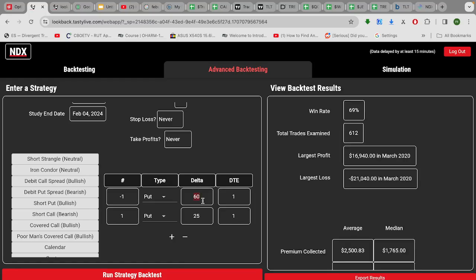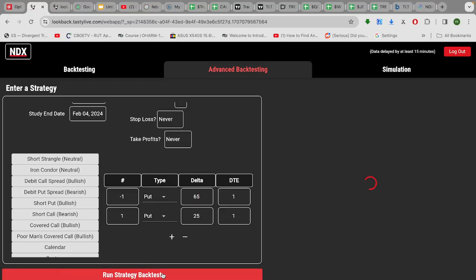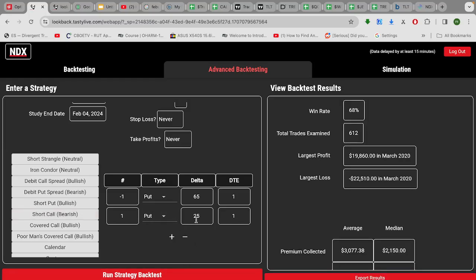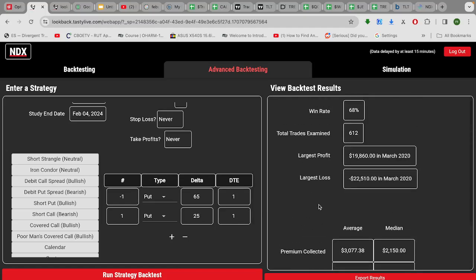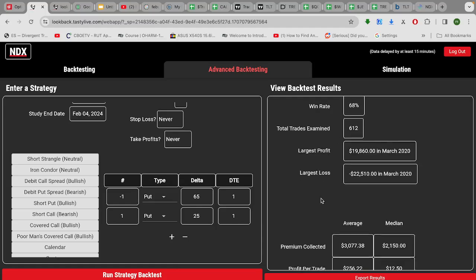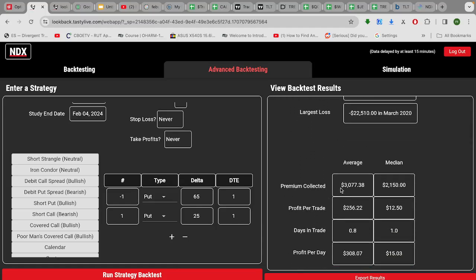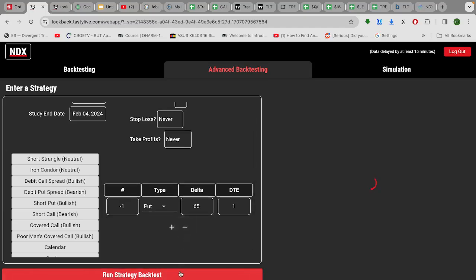Selling, actually we want to sell the 65. Selling the 65 and buying the 25. Okay. 68% win. Premium collected 3,000. Let's take off the protection.